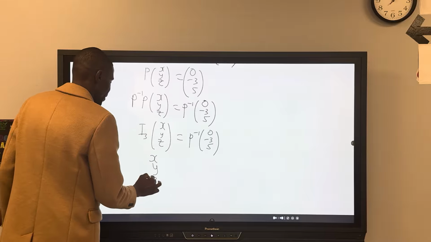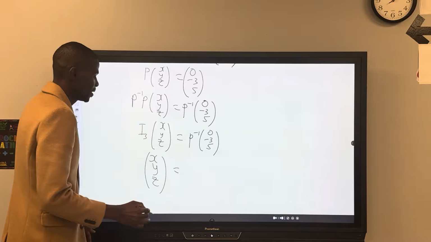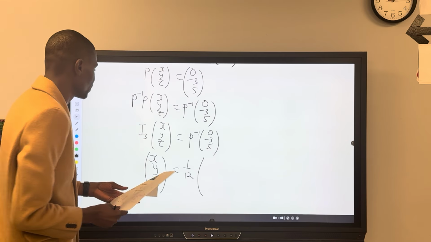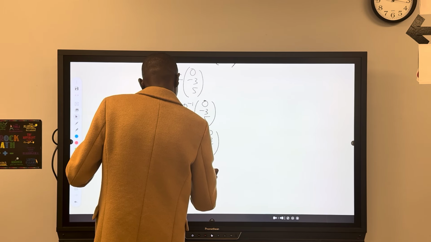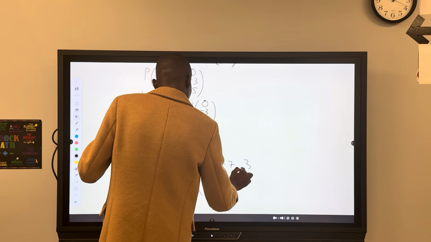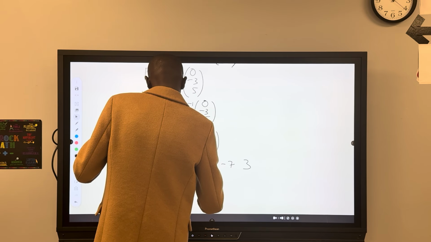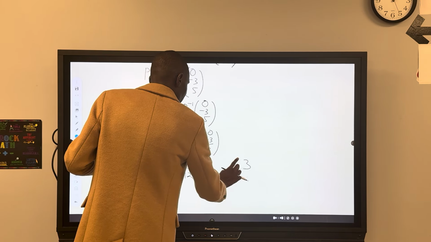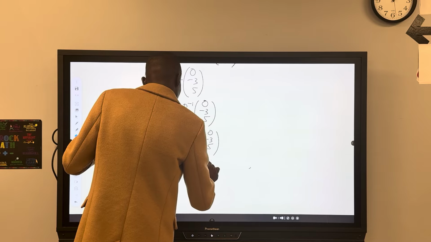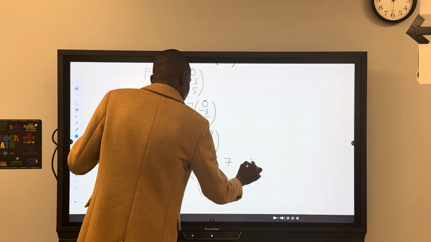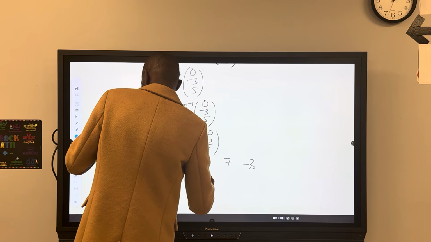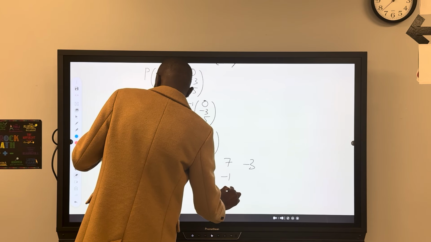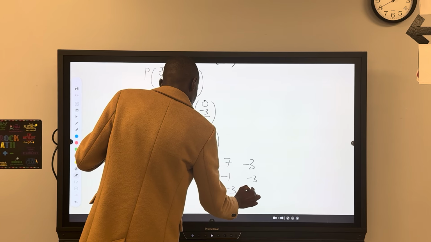So x, y, z equals, here it was 1 over 12 times the inverse. Sorry, not -1. All right, so our inverse was 1, 7, -3, then 5, 3, -1, -3, -3, and 3.